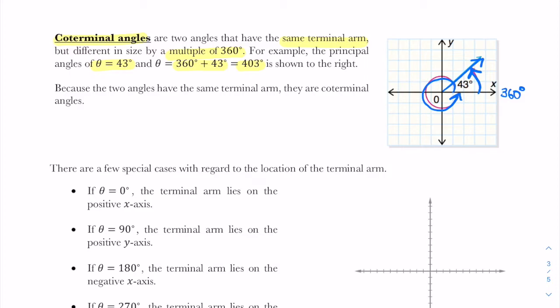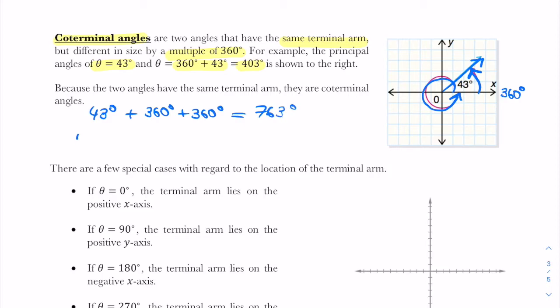Please keep in mind that there are infinitely many coterminal angles. For example, let's take 43 degrees and add two multiples of 360. Okay, 43 plus 360 plus 360 will give you 763 degrees.